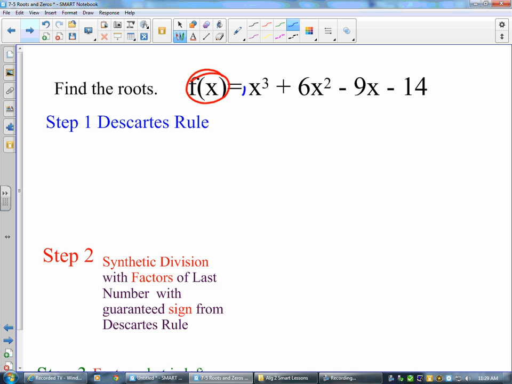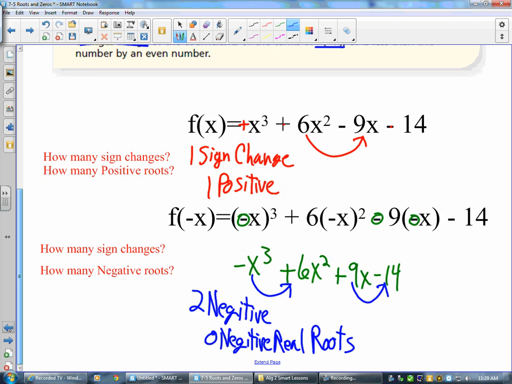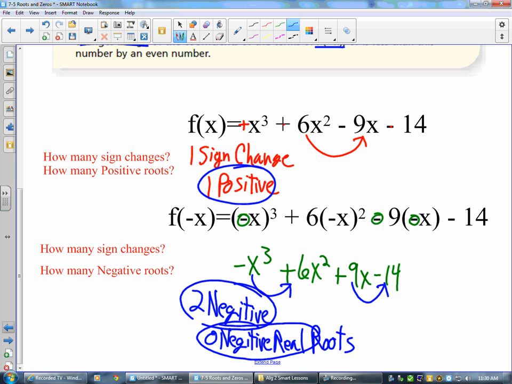Well, it's a positive x cubed, positive 6x squared. We get 1 change and it stays negative. So we are guaranteed 1 positive real answer. And like we found back here, here was our 1 positive we found. We know there's 2 negatives or 0 negatives. We're not sure on that one.